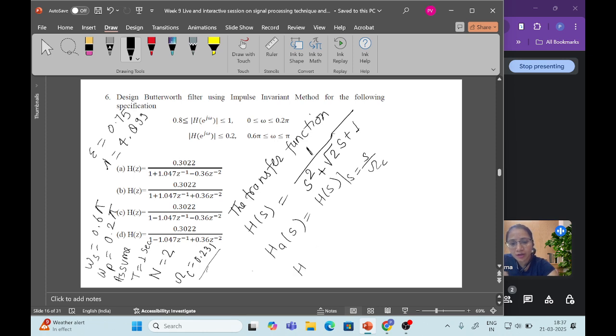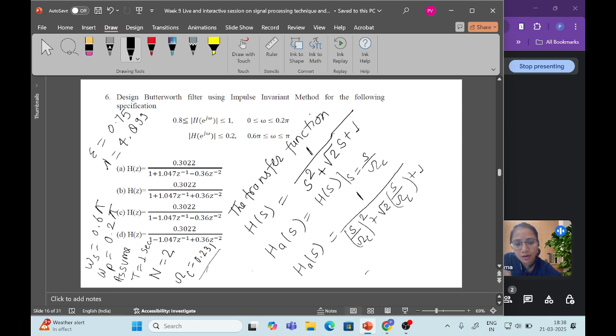Now we need to determine Ha(s), that is the Butterworth filter: 1 divided by (s divided by omega c) whole square plus root 2 (s divided by omega c) plus 1.